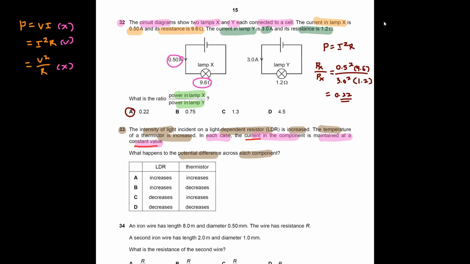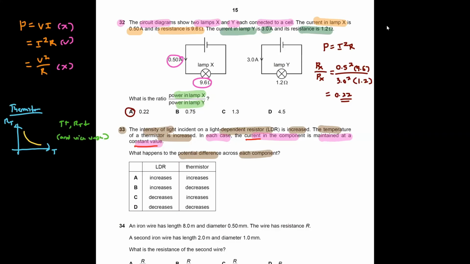So when you're talking about LDR and thermistor, some of the things you will have learned is this. For the thermistor, the resistance of your thermistor with respect to temperature would look something like this, where we tell you that as temperature increases, resistance of the thermistor drops, and vice versa.